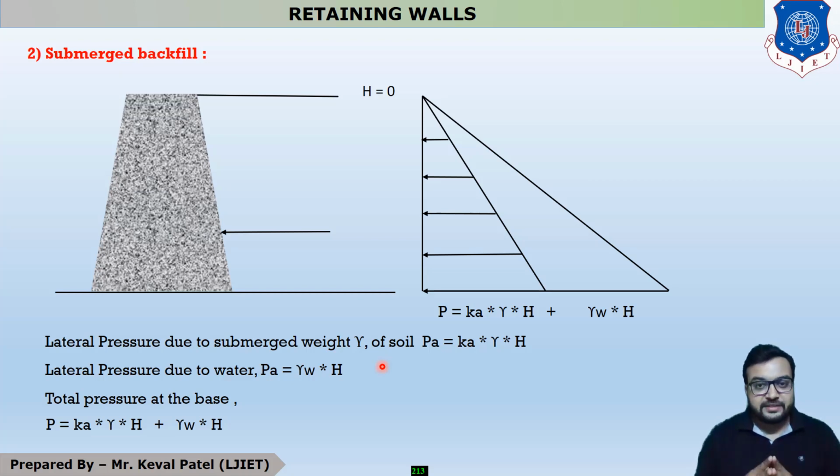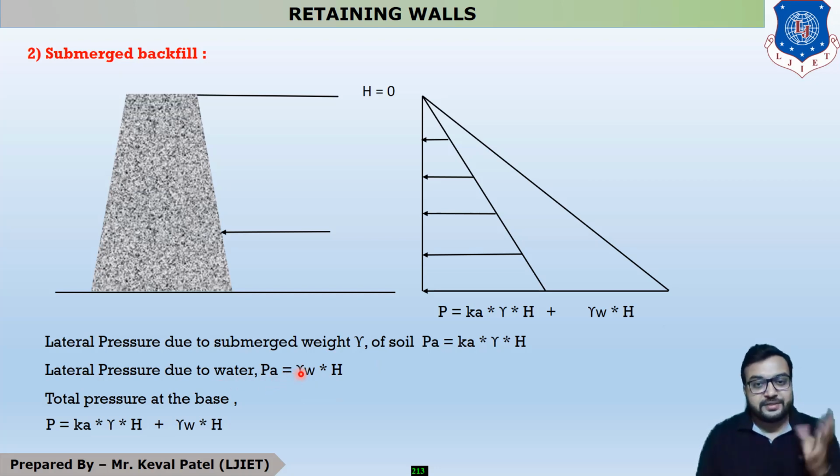The value of density is 9.81, or you can also take the round figure 10. What is the unit of density? Density is weight upon volume, so it is kilonewton per meter cube or kg per meter cube.